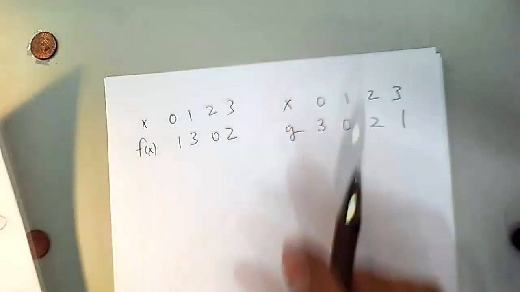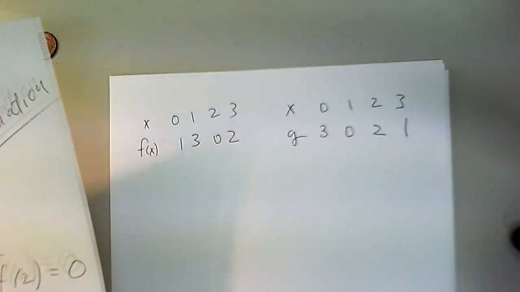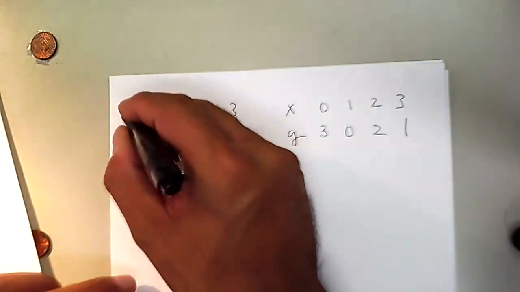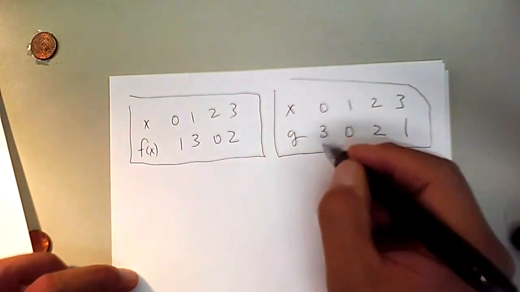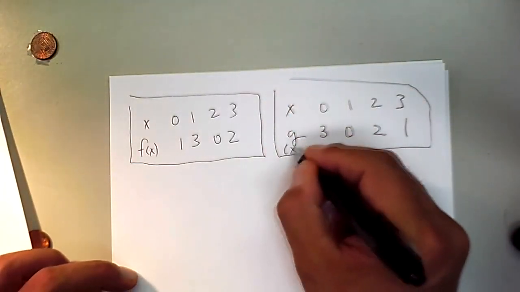So that is another way to provide the same information with one table for f, one table for g. Here's g of x.